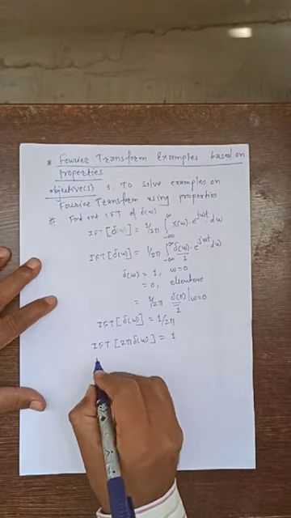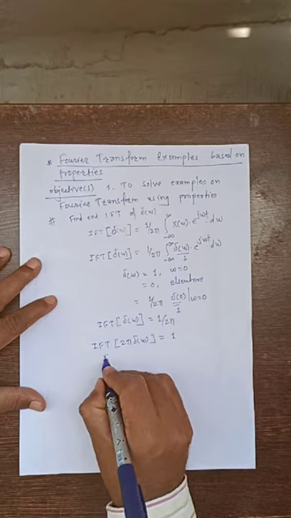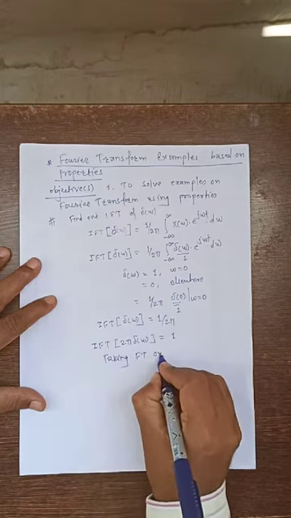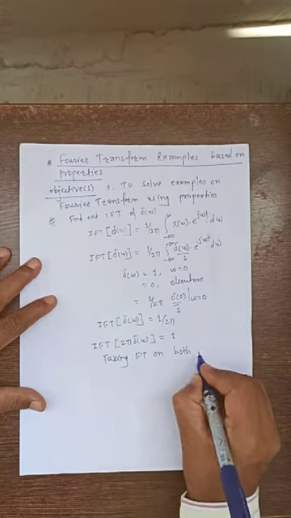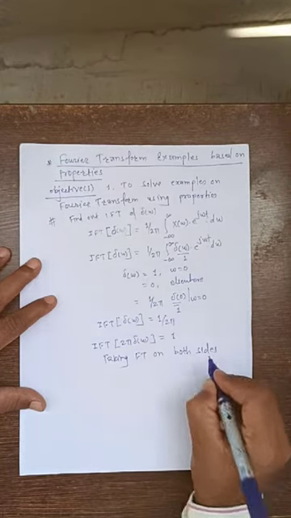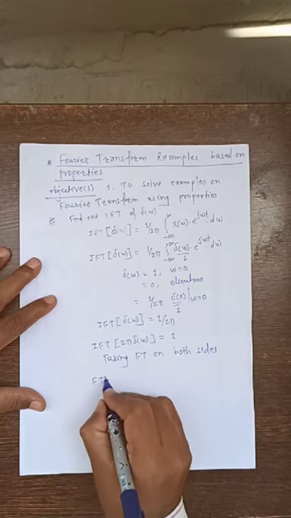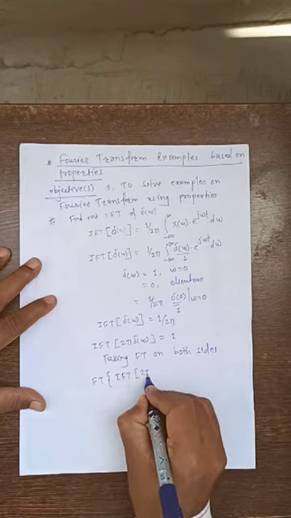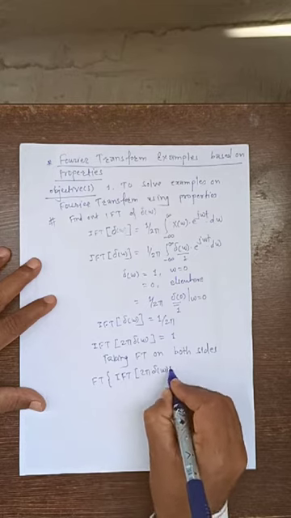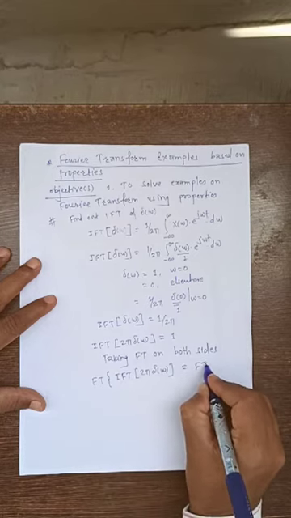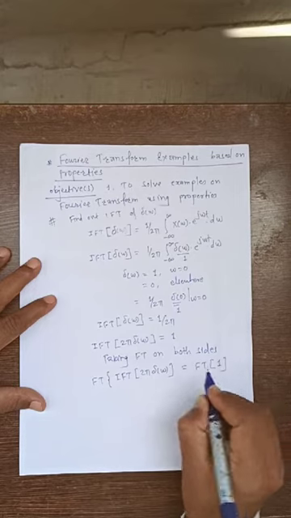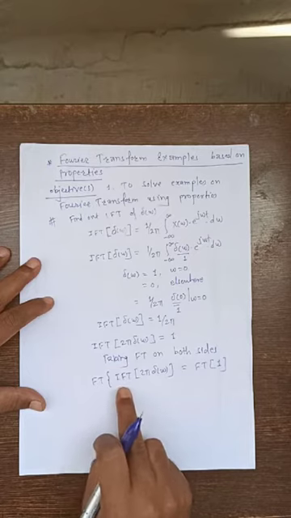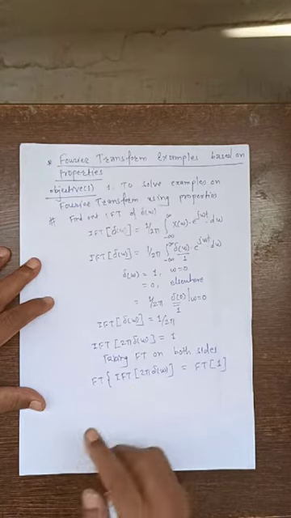Then I will take the Fourier transform on both sides. So the Fourier transform of the IFT of 2 pi delta omega is equal to the Fourier transform of 1. We have applied the Fourier transform on both sides, so the Fourier transform and the inverse Fourier transform get cancelled.